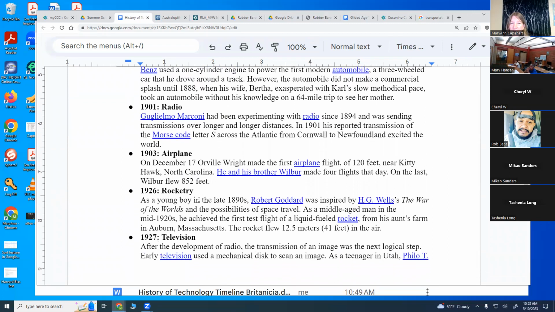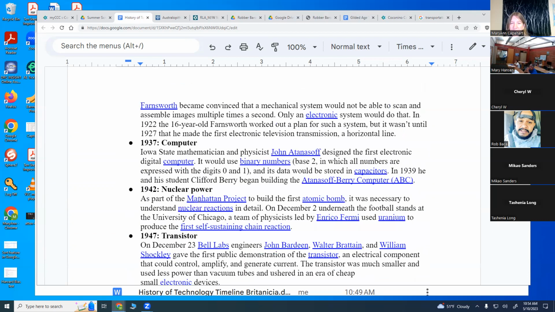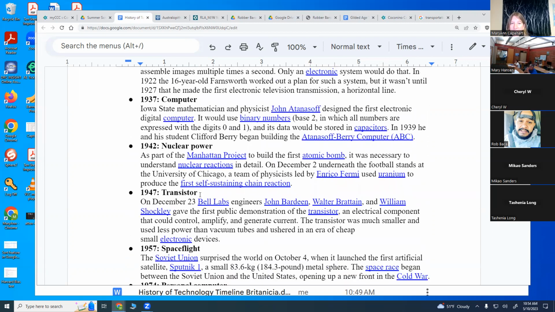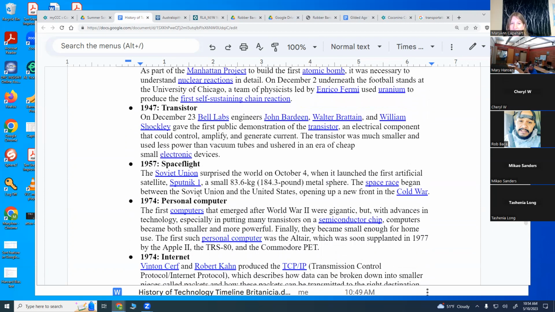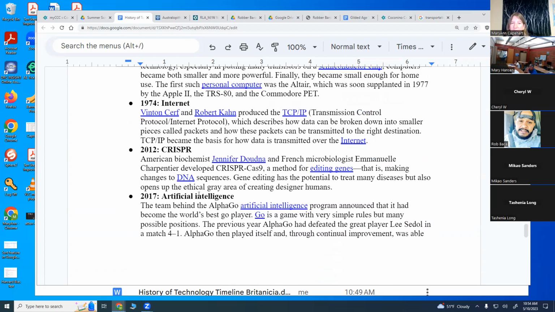And then we just go radio, airplane, rocketry, television, computer, pretty early, 1937. They didn't produce them for people till much later. Nuclear power, right, during World War II, transistor radio, space flight, personal computer, way up in the 70s, internet, CRISPR, that's about gene splicing to change genes.